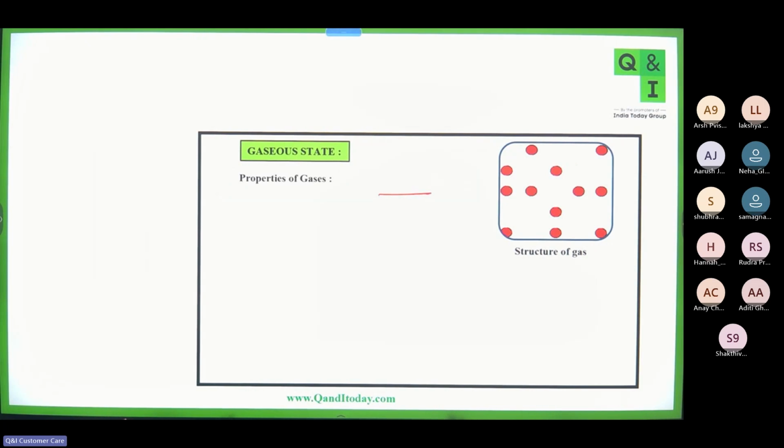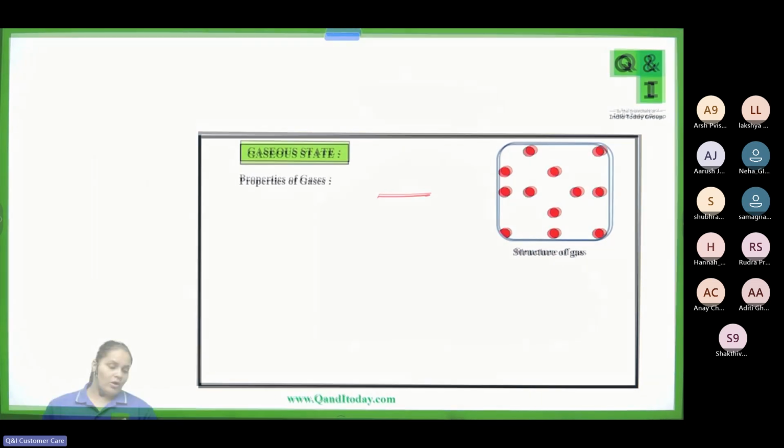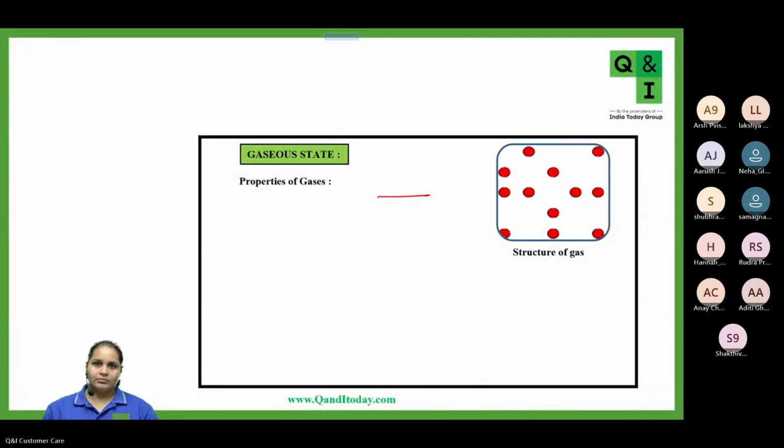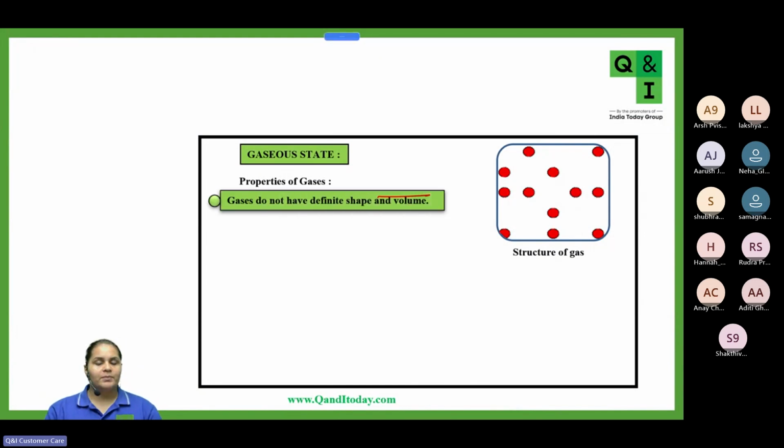On the basis of the properties of particles we just discussed, present in gases, coming to the properties of gases, they don't have definite shape, they don't have definite volume.